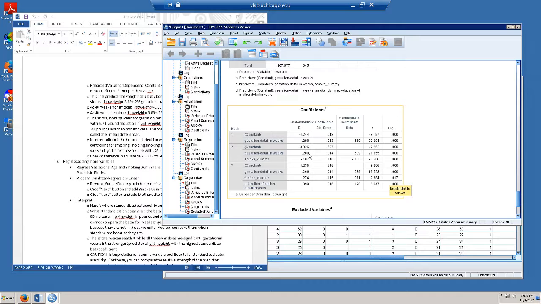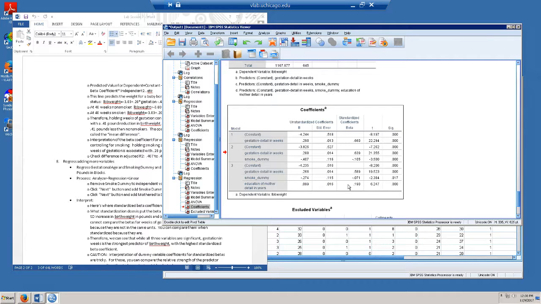Then it went down to 0.28, basically 0.29. And now in the third, when we add the mother's education, which is also associated with weeks in gestation, it goes down again to 0.26 or 7. Our smoking mean difference coefficient also went down from negative 0.41 to negative 0.27.